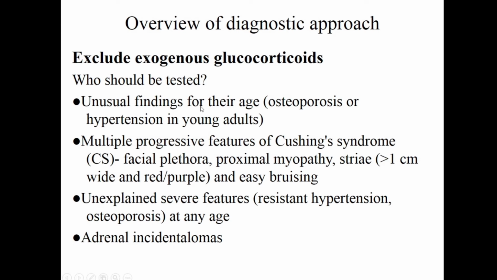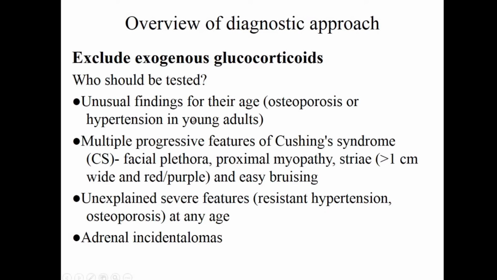One is unusual findings for their age. For example, if a patient of 35 years comes to you with osteoporosis, that is not normal. A young individual with new onset hypertension is not a normal thing.